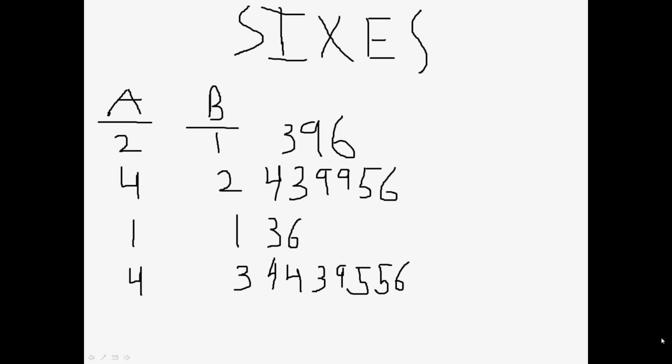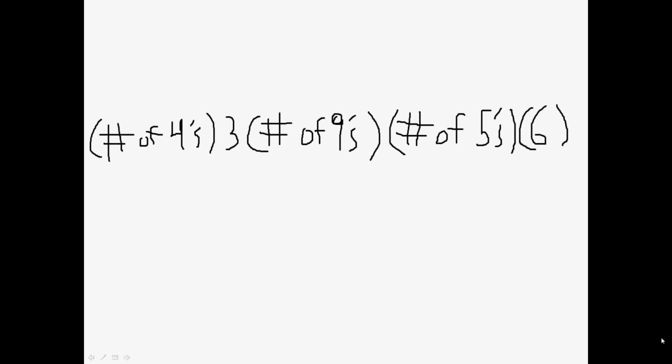So you'll notice there's a lot of 36's, and that's because 3 and 6 are the new 8 and 1. 3 is now the new 8, and 6 is the new 1.